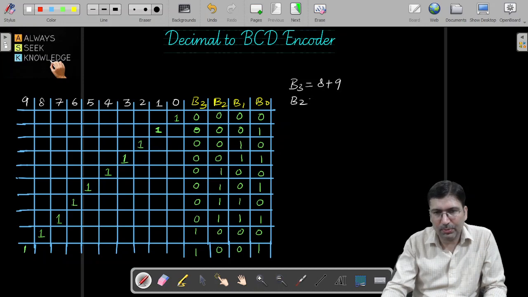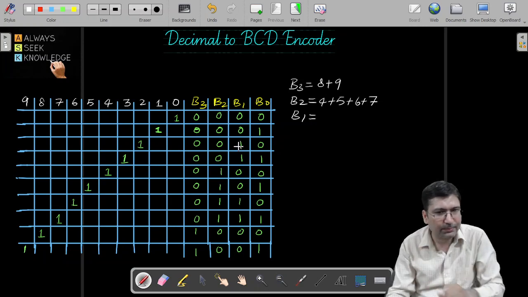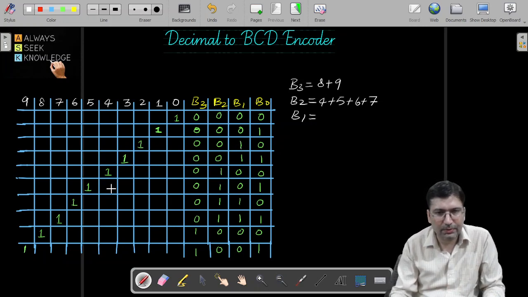Then B2 is high at these four places, from 4 to 7, so either 4 or 5 or 6 or 7. Then B1 is high at these two and these two places, which are 2, 3 and 6, 7.